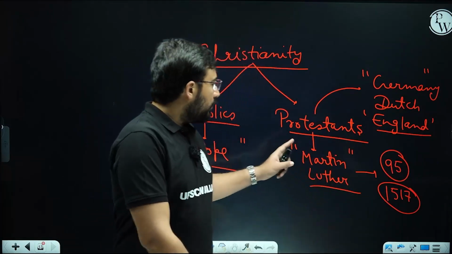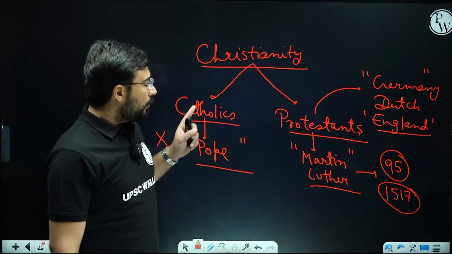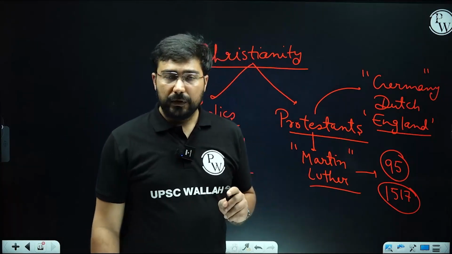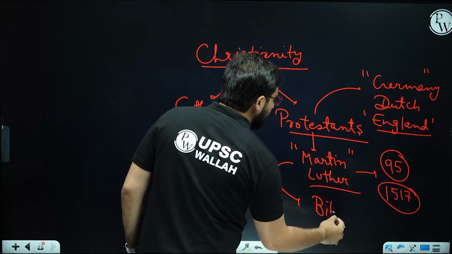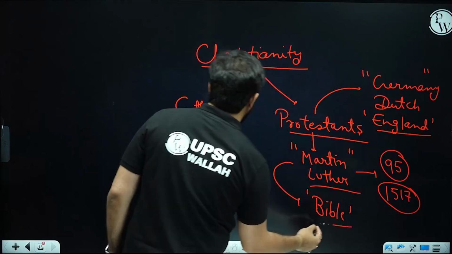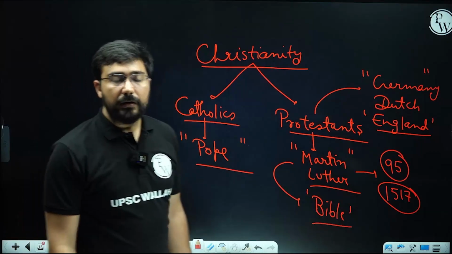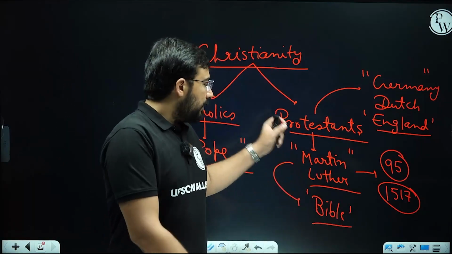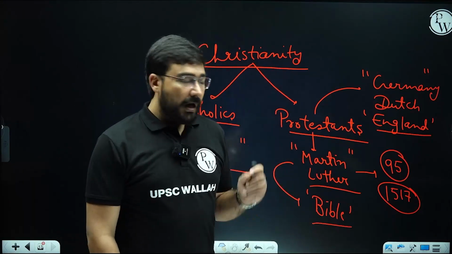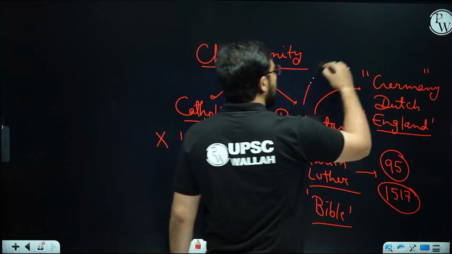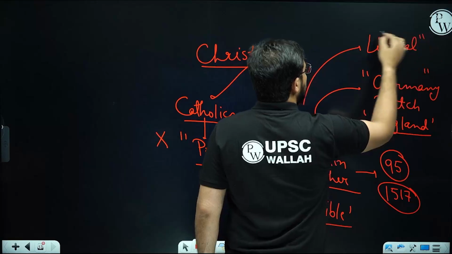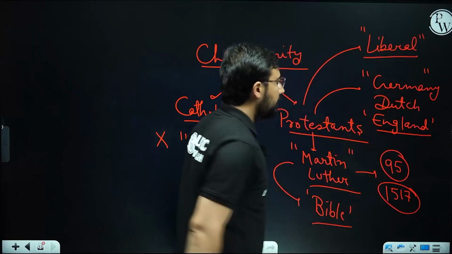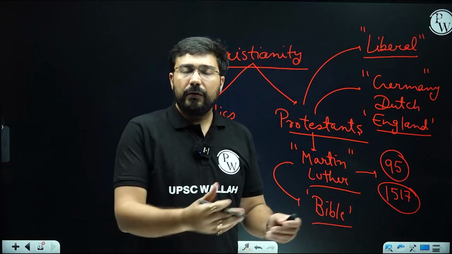These people do not believe in the guidance of the Pope, and believed largely in the Bible, more than the church, more than whatever is being said by the Pope. Such people are known as Protestants, and Protestants are more liberal in nature. They do not impose their ideas on others in comparison. So this is how it used to be.